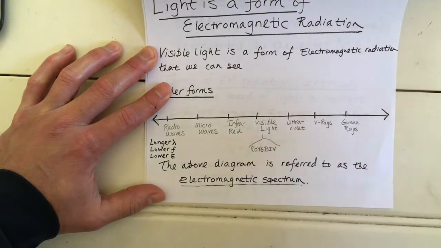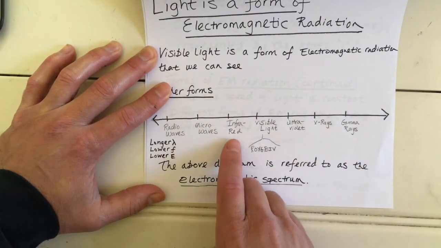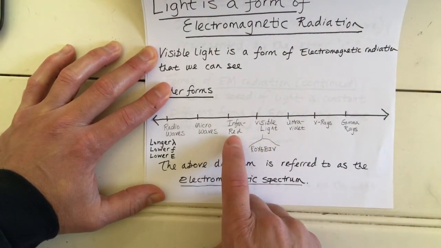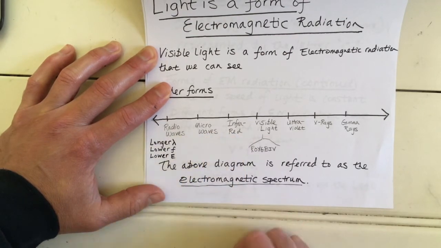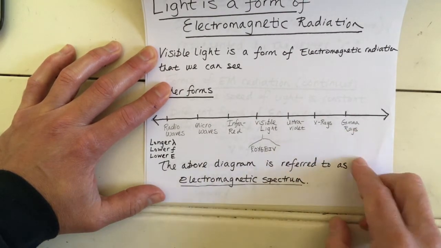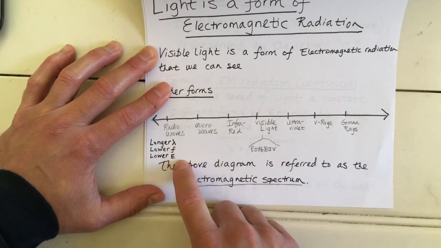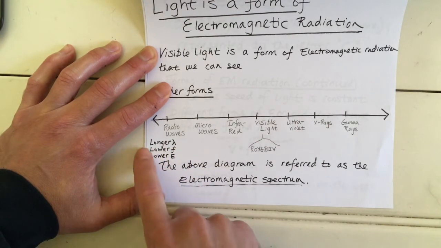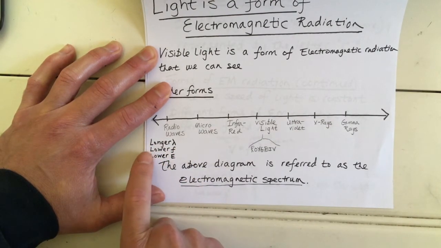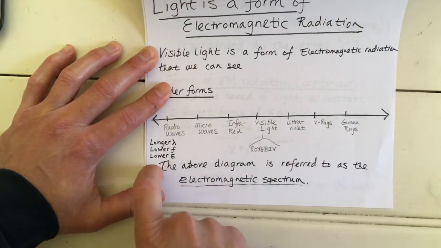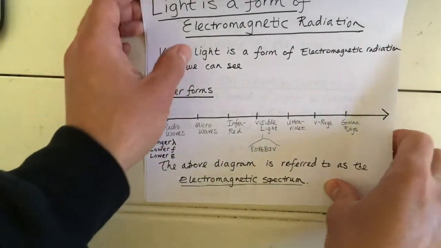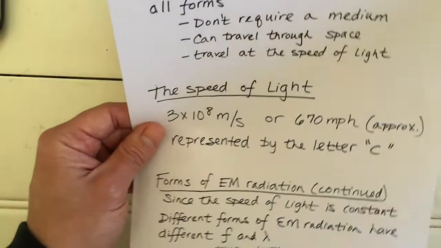But by that same logic, I could say that infrared light has a shorter wavelength, a higher frequency, and a higher energy than microwaves, right? Because it's on the right. And I didn't label those on the right, but I always just label the left side because this is how I remember, right? All the L's, longer, lower, lower, are all on the left. All right. So forms of radiation.